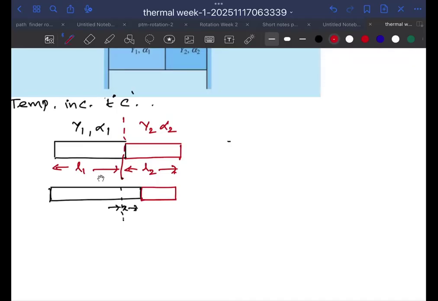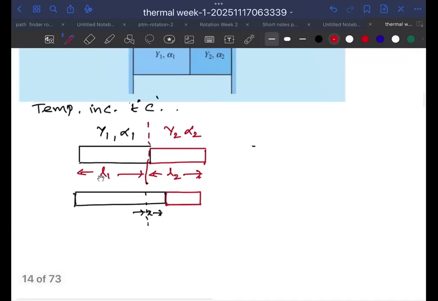In the absence of the other rod, what is the free expansion? It was supposed to be L1 alpha 1 delta t, say for example. That is a free expansion.